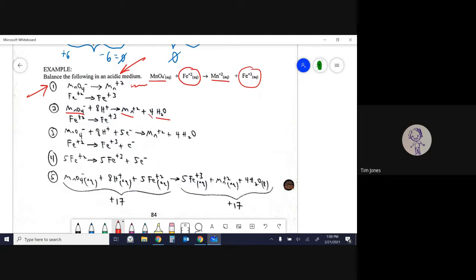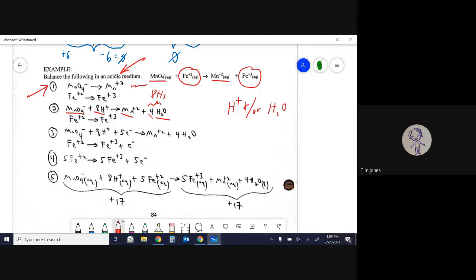That gives me 4 oxygens. But now, that has added hydrogen to my equation. And there's no hydrogens on the left. So there are 8 hydrogens right here. So I need to put 8 hydrogens on the left as 8H plus. And again, I can only add H plus exactly like that and/or H2O.